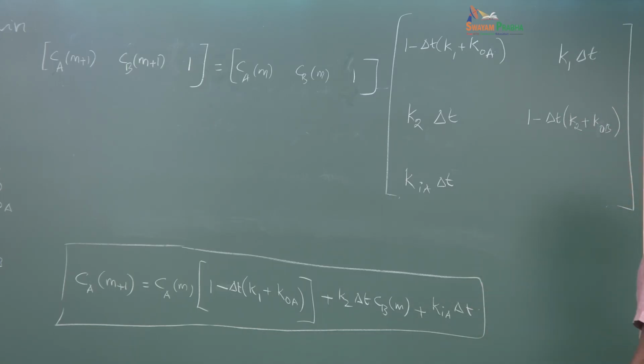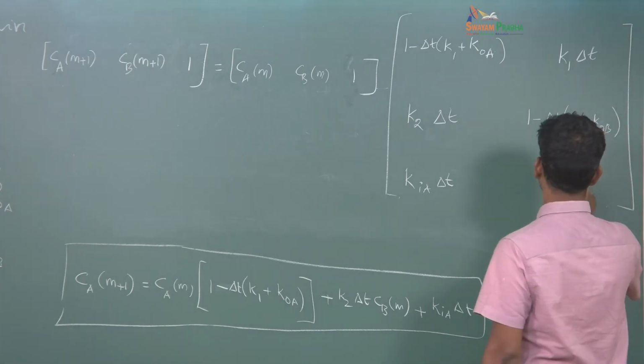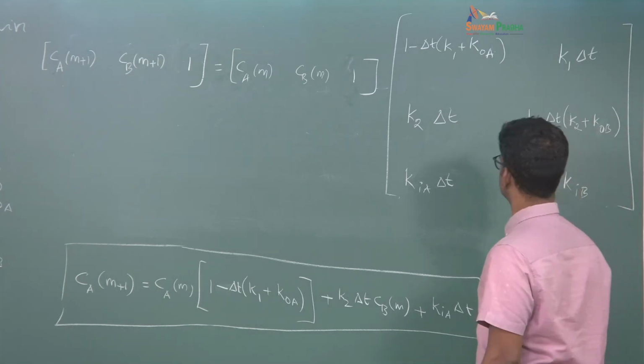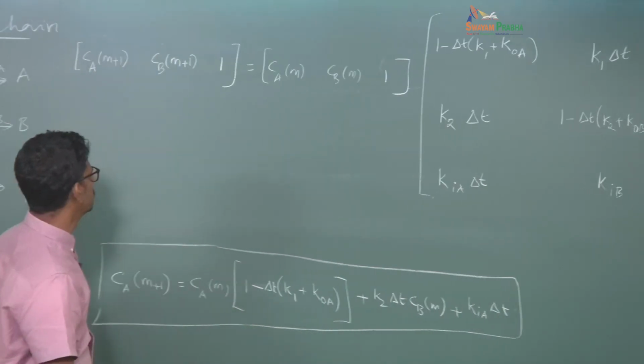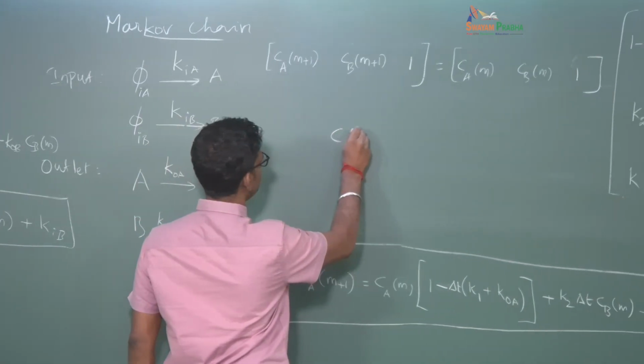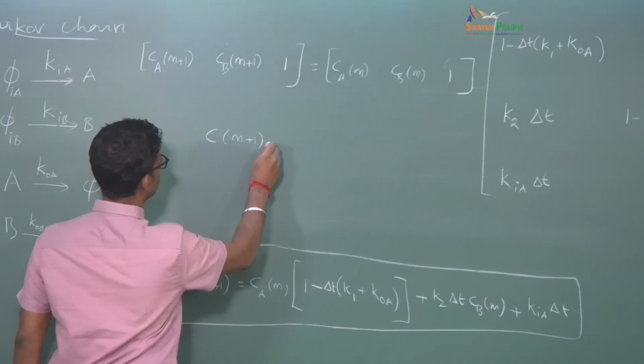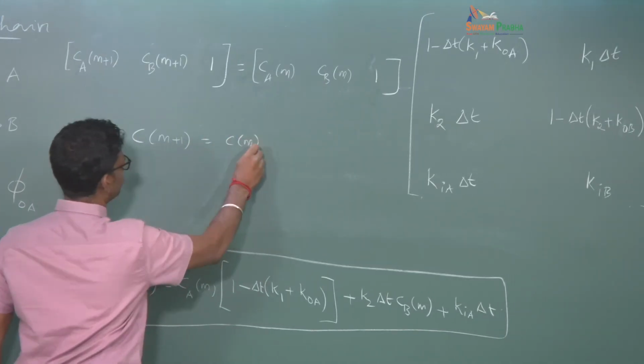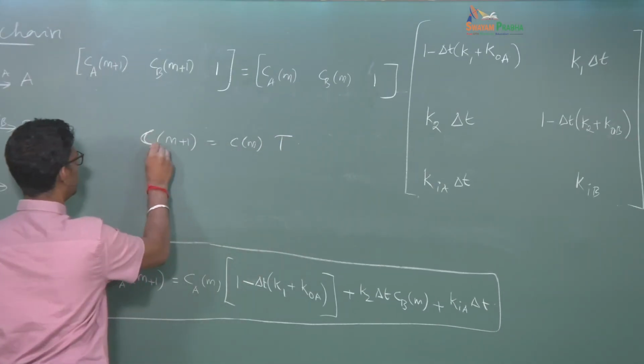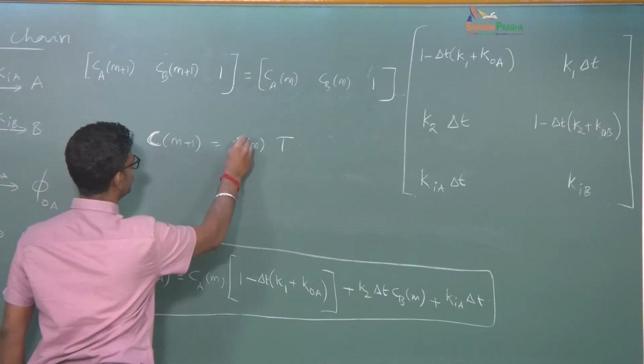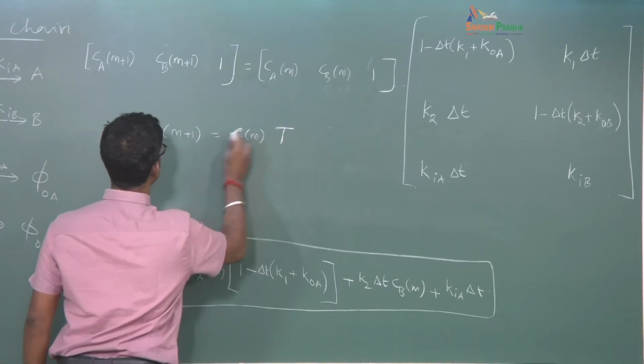And then you have KIB. So therefore you can write C at m plus 1 is equal to the matrix times C at m. Now I am writing in matrix form here. This is a vector and this is a vector.